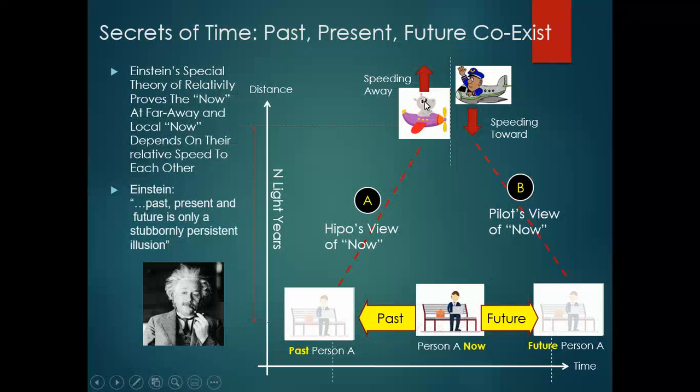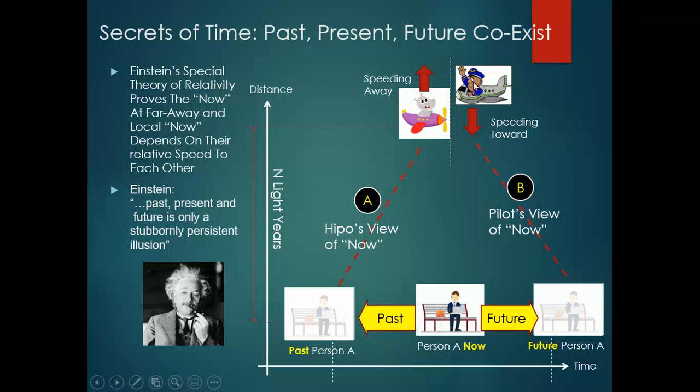Suppose there is a way for these remote beings to observe Earth person A, and the hippo here flies the airplane away from the Earth. What the hippo observes is actually not person A right now. It's actually person A in the past.